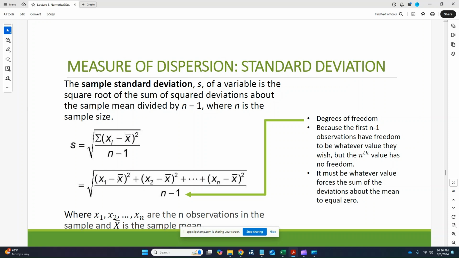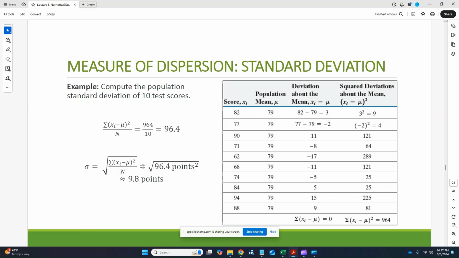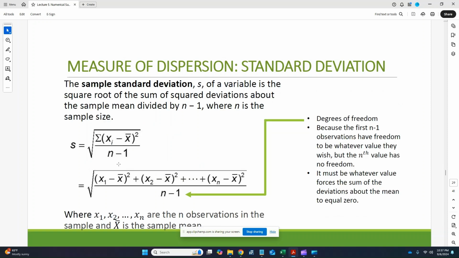That is, you are not free to choose the mean when you are collecting the sample. If you choose the mean, then you must let go of one observation. You are not free to choose one observation. In the population, you know all the values. You know there is only one true value for the mean. There is only one value for each of these observations. So there is no process of selecting.